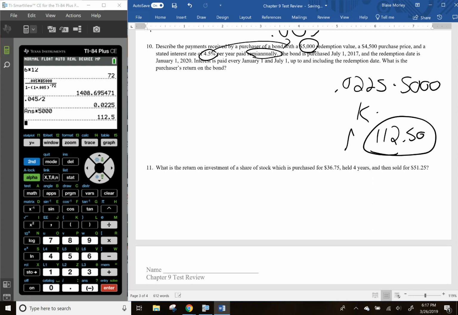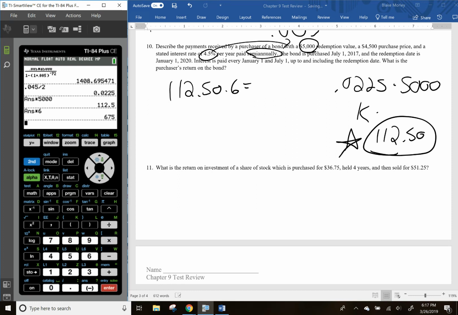So I'm getting paid this amount of money twice a year in just interest. So let's find out how much of that will be over 3 years. So that'll be 6 times, right? If it's twice a year for 3 years, then I'm going to be paid this amount of money 6 times. So $112.50 times 6 is $675.